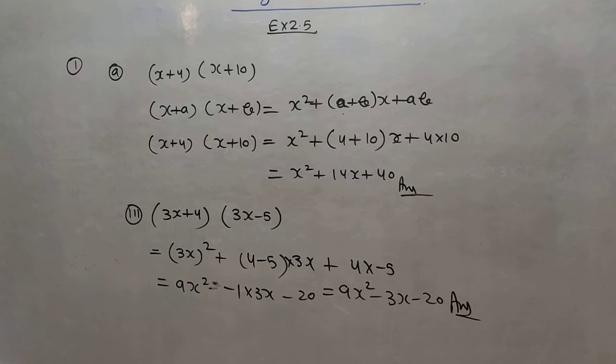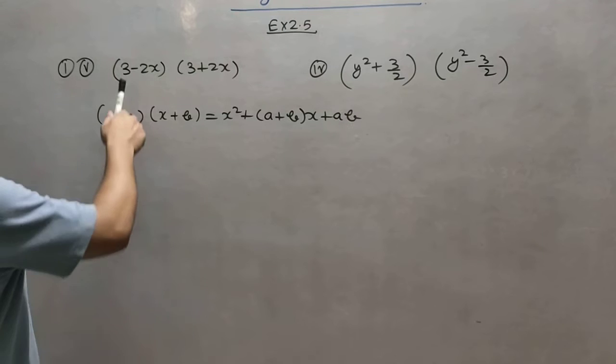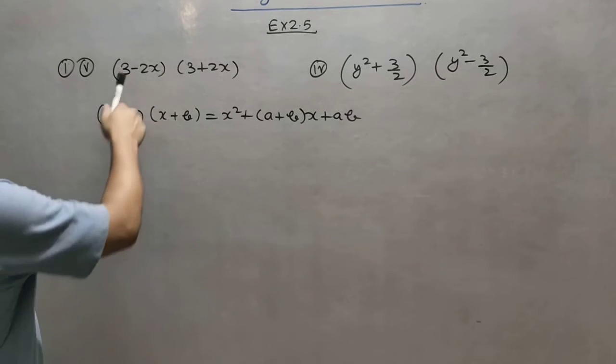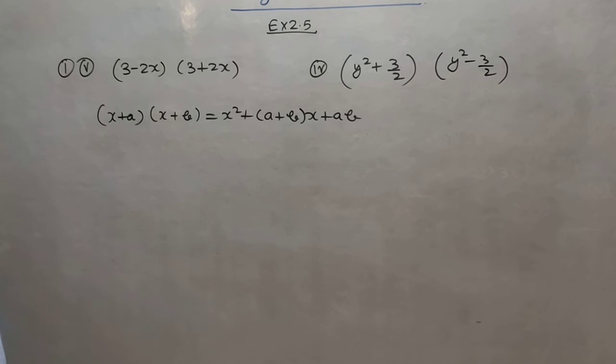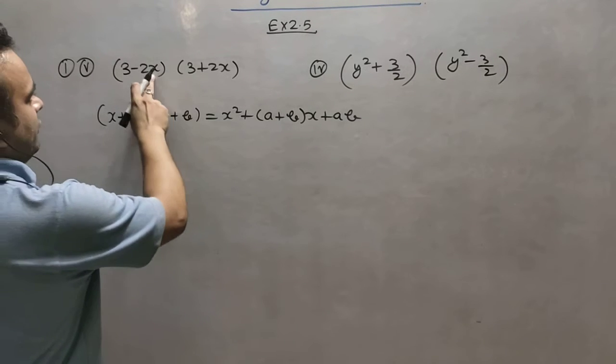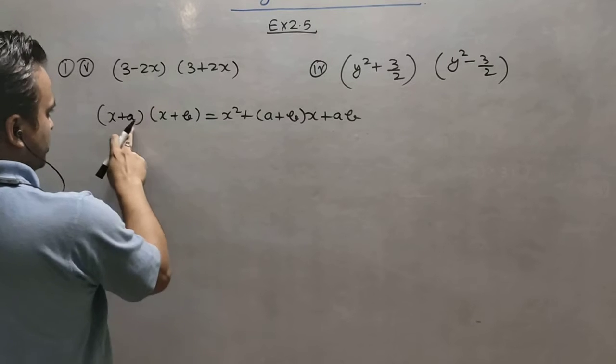Now we will see other sums. So fourth part and fifth part. Now we will again see in place of x what we are taking here. You can take 3 without any doubt, because 3 is common here, and 2x will work as a, and this minus 2x will work as b.